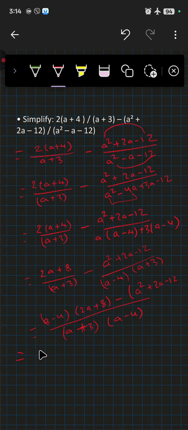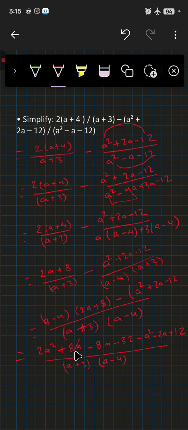This a into 2a gives us 2a square. Then a into 8 gives us 8a, minus 4 into 2a gives us minus 8a, and minus 4 into plus 8 gives us minus 32. Minus a square minus 2a plus 12 from the other side, whole upon a plus 3 into a minus 4.